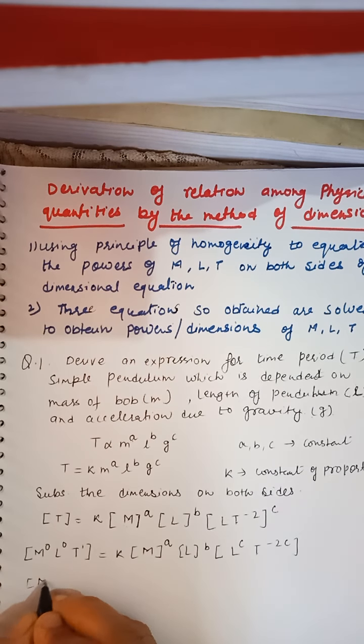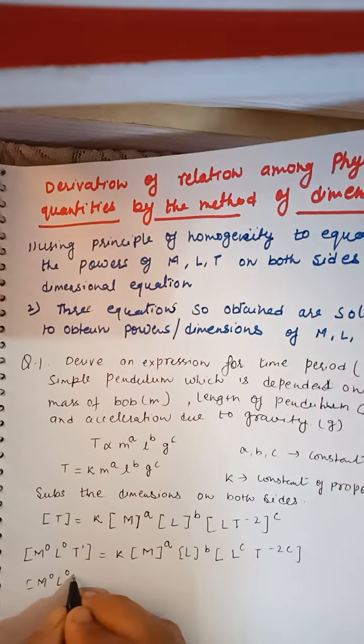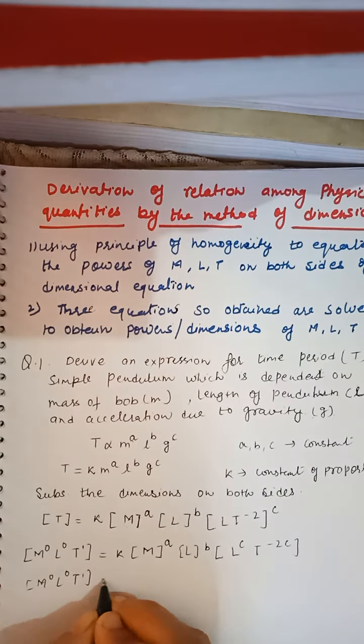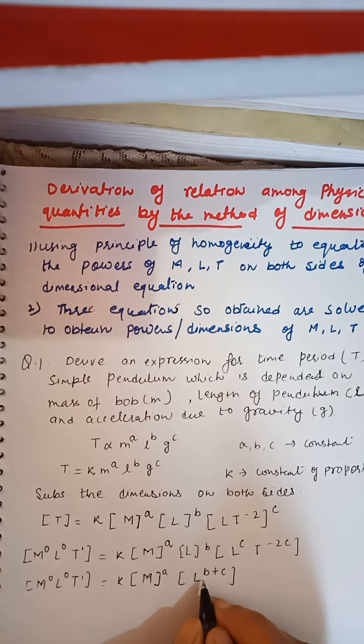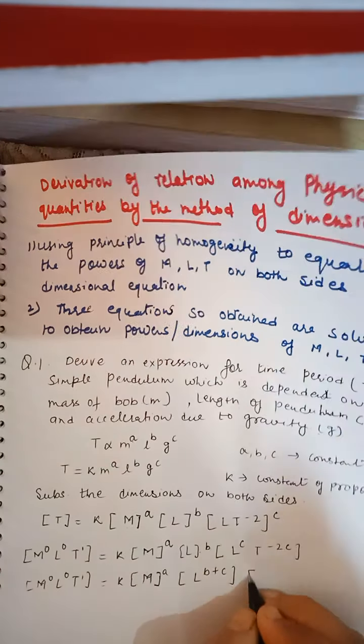So M^0 L^0 T^1 equals k, M^a, L^(b+c), and T^(-2c).